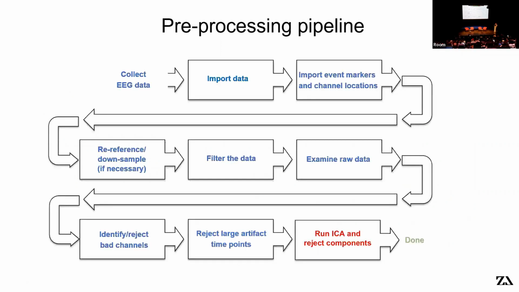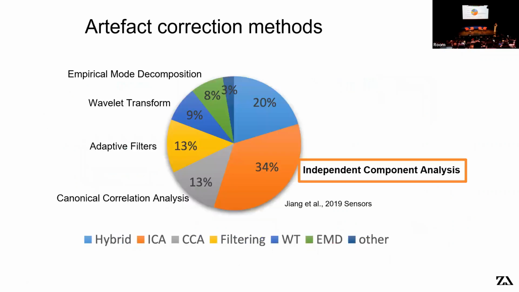Then we can also, for example, run ICA and reject components. You can have artifact rejection methods where you reject portions of the data, so you completely get rid of the part of the data that has the artifact, or you can correct the artifact, where you just remove the artifactual activity but keep the portion of the EEG without the artifact.